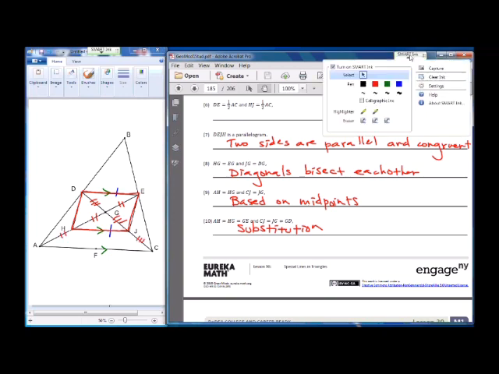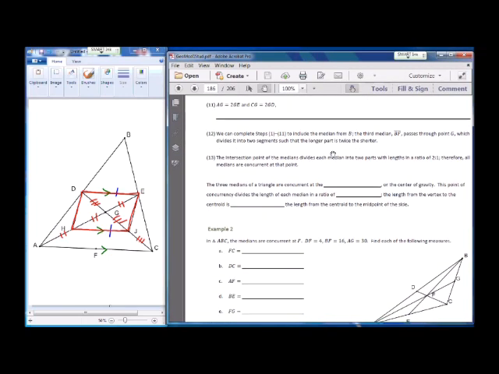All right, let me scroll up a bit more. Step 11 says AG is equal to 2 times GE, and CG is equal to 2 times GD, by the segment addition property. This is twice as long as this, and this is twice as long as this. Step 12 says we can complete steps 1 through 11 again to include the median from point B. The third median, BF, passes through point G, which divides it into two segments such that the longer part is twice the shorter.